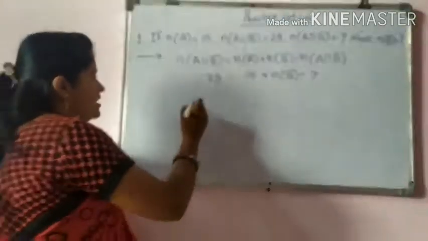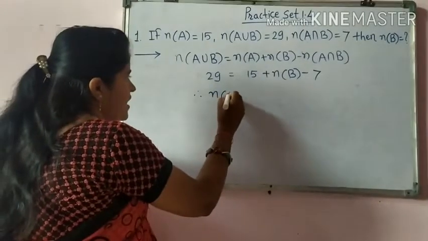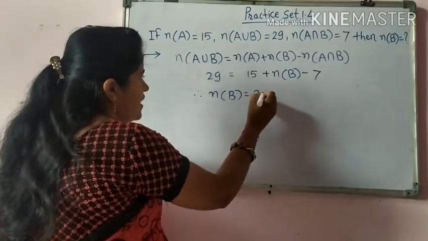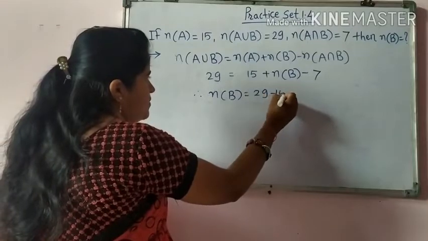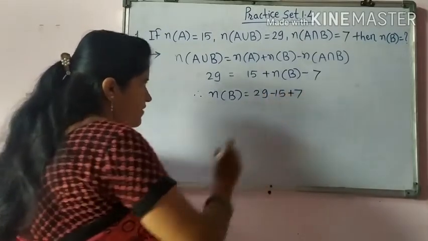So here therefore n of B is equal to 29 minus 15 plus 7.